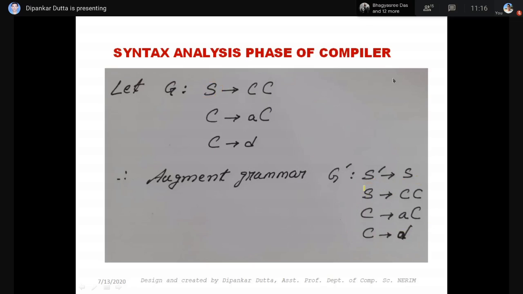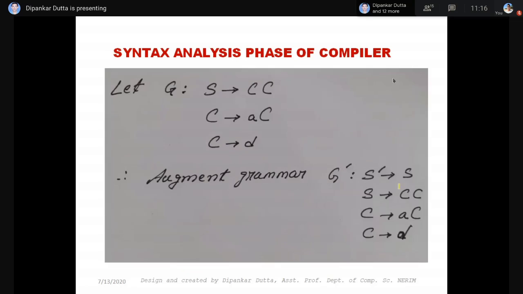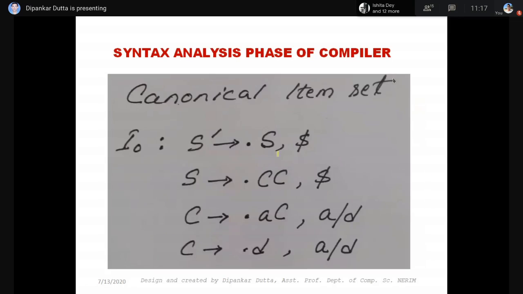I think it's clear now. Come to the canonical item set: how to calculate it for this augmented grammar. First go for I0. In I0 we consider the first production, S dash implies dot capital S, because we always have to start from the start symbol. We place the dot in front of S to represent that S is the current input symbol.